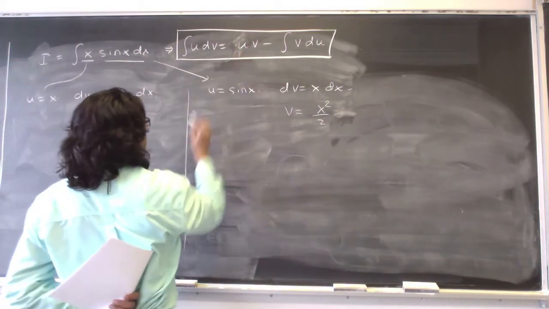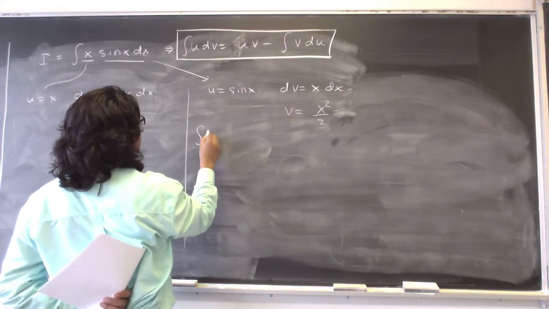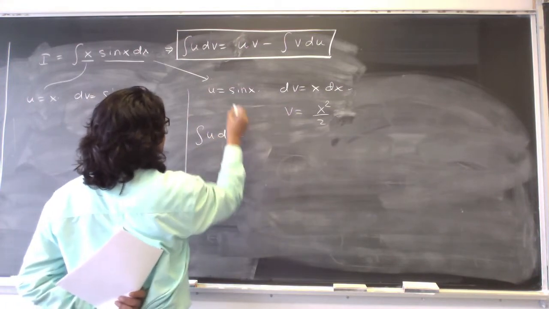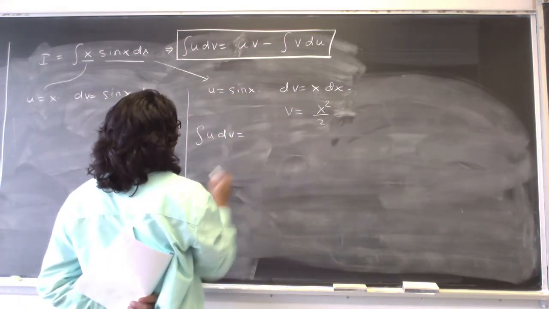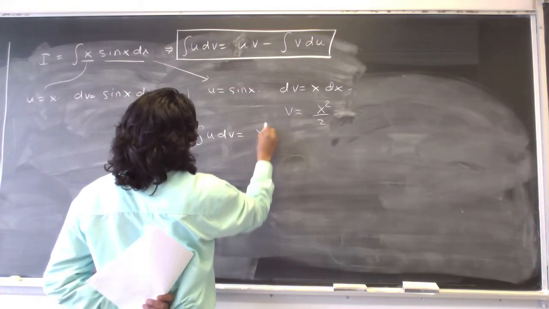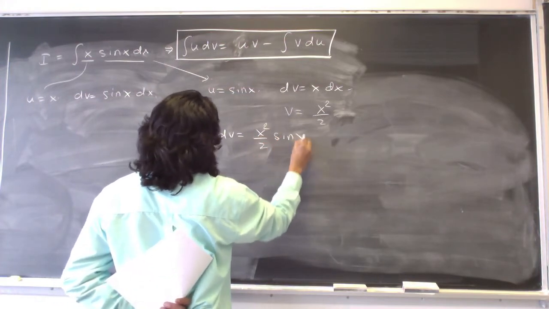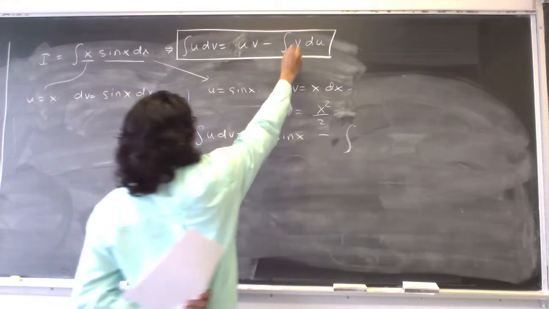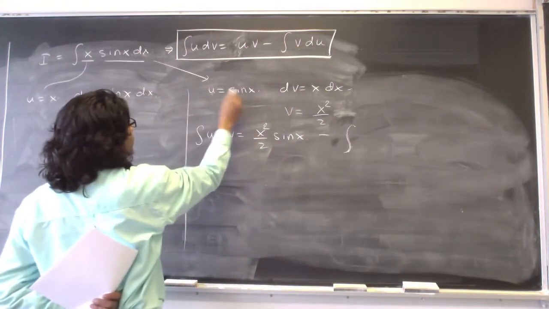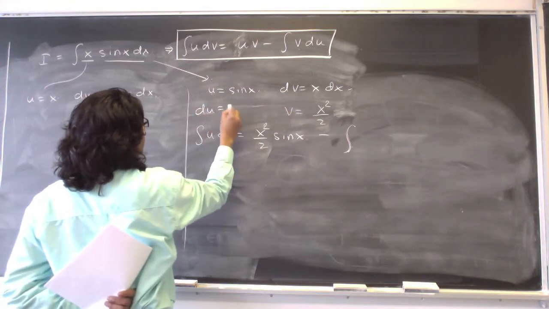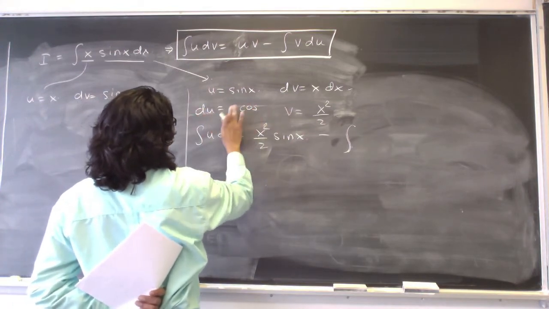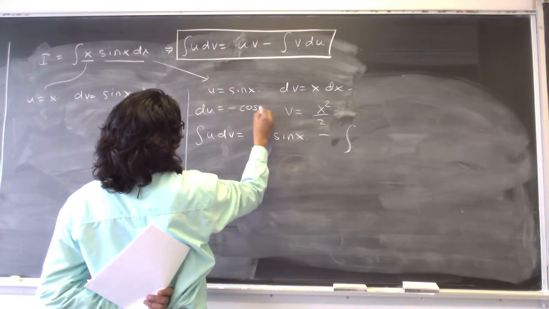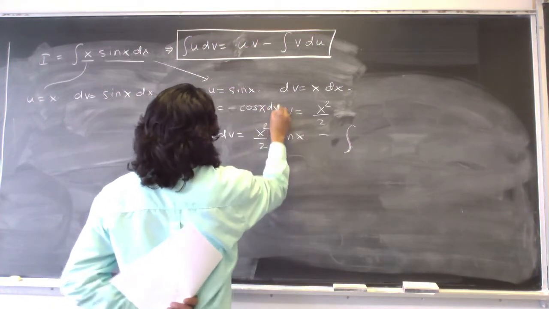Okay, so let's apply this formula. The integral of u dv is equal to u times v, which is x squared over 2 times sine of x, minus the integral of v times du. If u is sine of x, du is cosine of x dx.